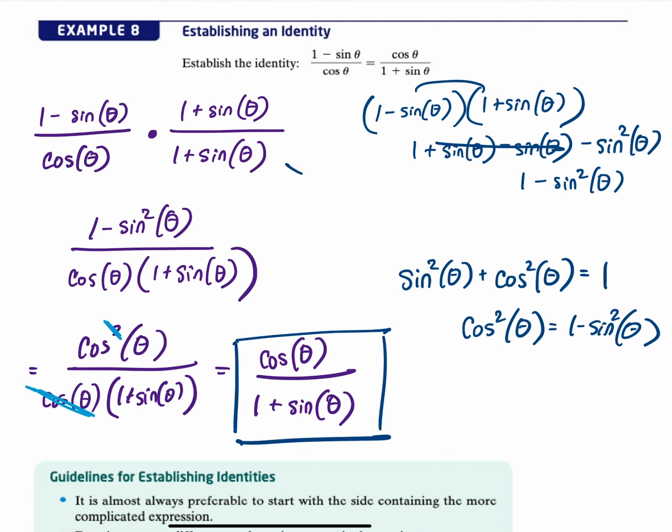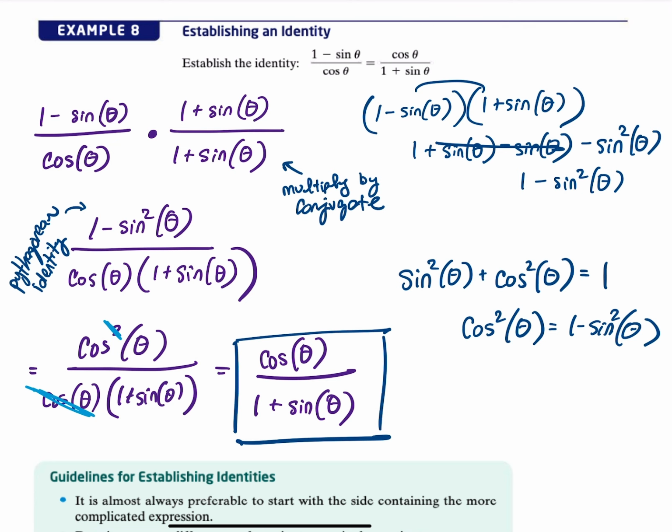So here we multiplied by the conjugate, and then we technically used a Pythagorean identity, and then did some cancellation after that. So another combination of these little tricks. But we've seen a few common themes.